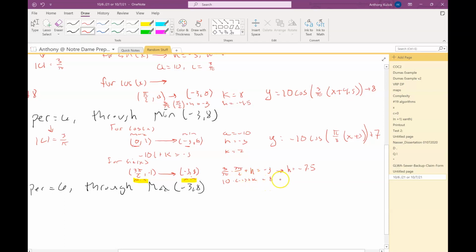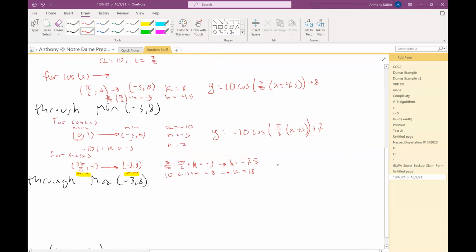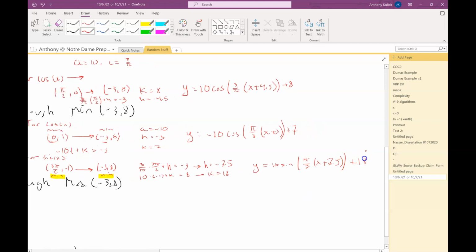Add that to both sides, so there k should be 18. So I have y equals 10 sine of pi over 3 x plus 7.5, or 15 halves, plus 18.